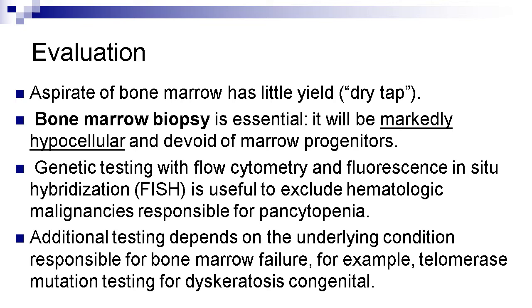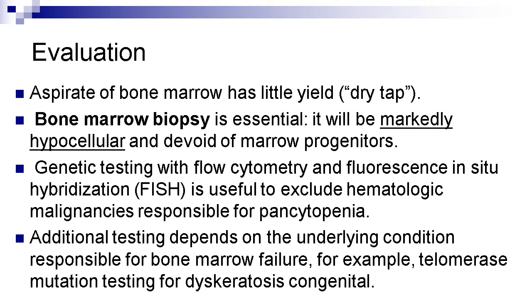The bone marrow aspirate is not useful because it is usually a dry tap, while the bone marrow biopsy is essential. It will be markedly hypocellular and devoid of marrow progenitors.